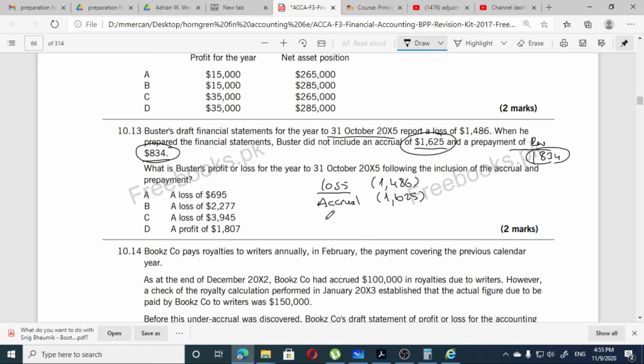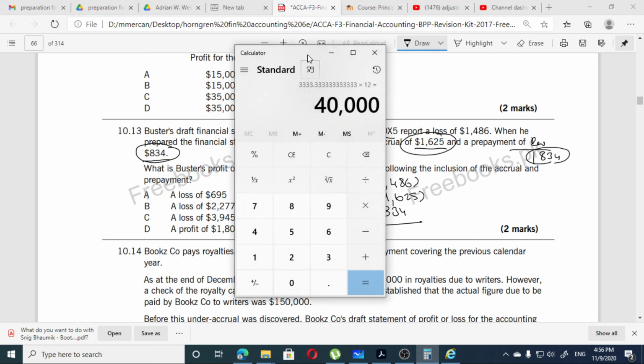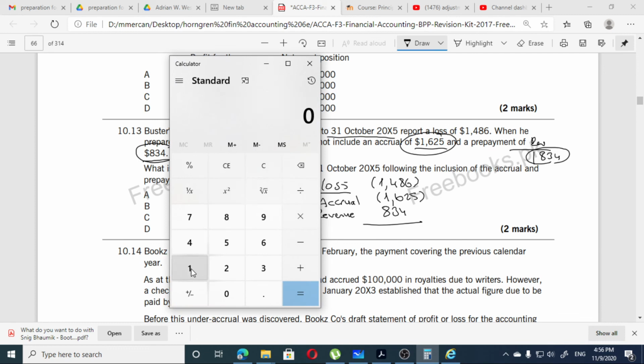So you have to add this $834 to your net income to correct it. So unearned revenue is reduced and revenue increases by $834.